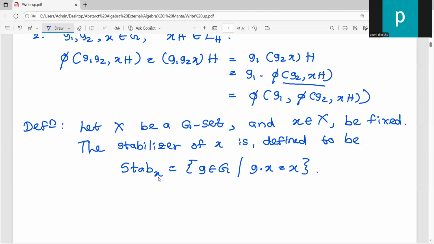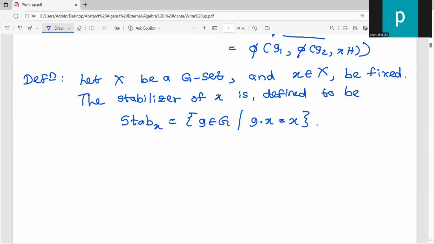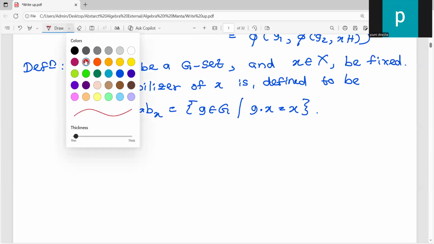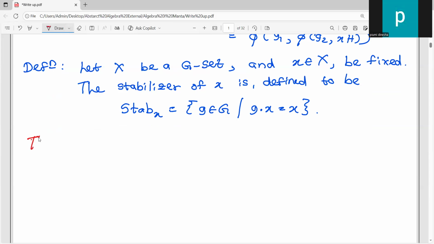So this is a subset of G, not just a subset, but also a subgroup. So that is the next theorem. We will show that the stabilizer for this fixed x that we defined over here is a subgroup of G.